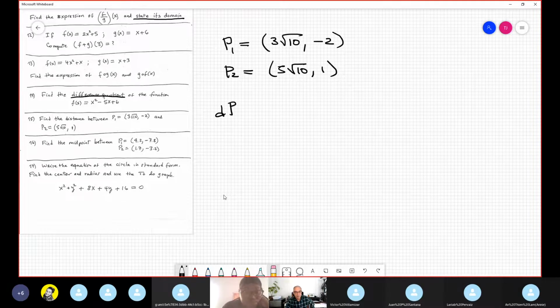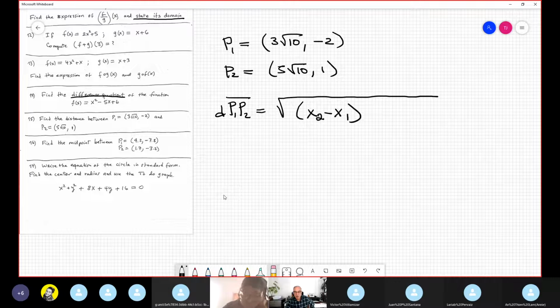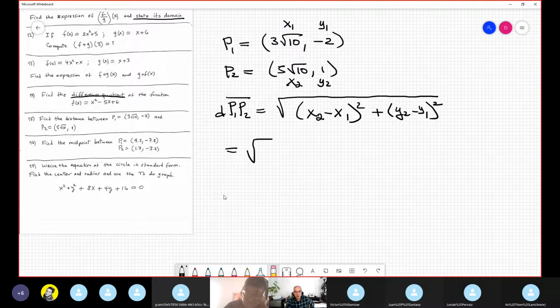The distance between P1 and P2 uses the distance formula: the square root of x2 minus x1 squared plus y2 minus y1 squared. This is x1, y1, and this is x2, y2. So just plug it into the formula.